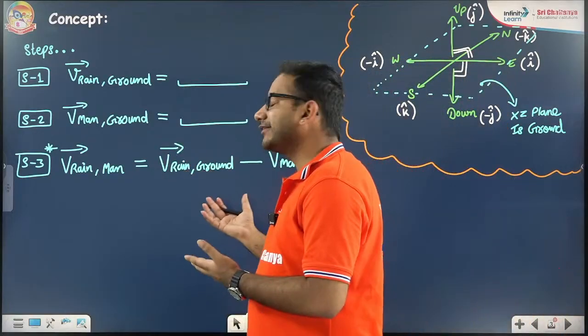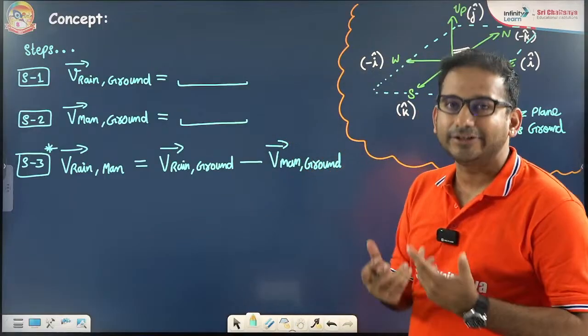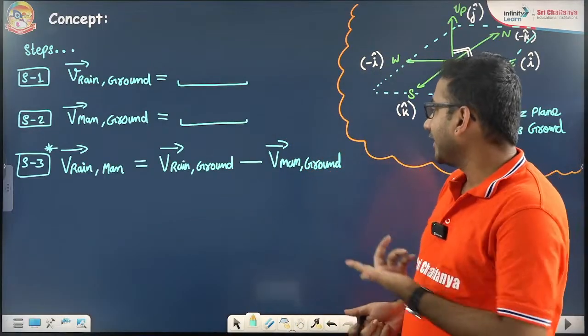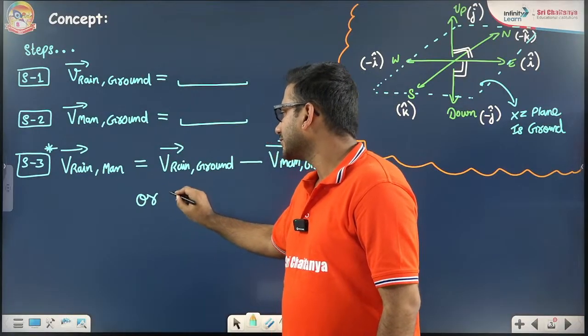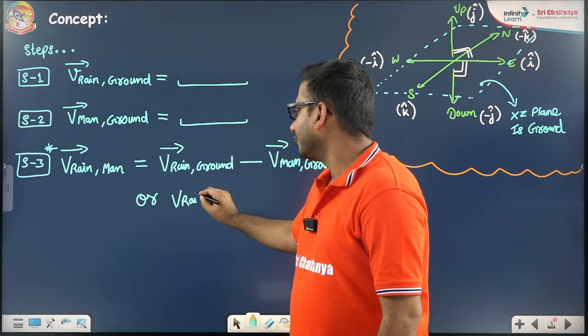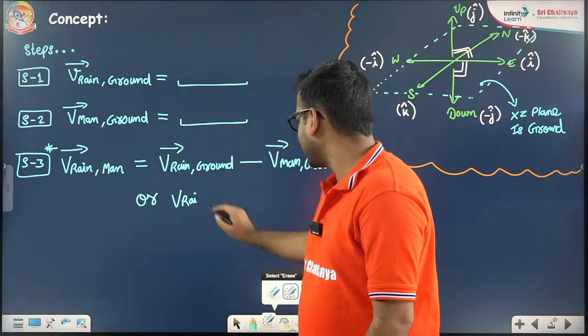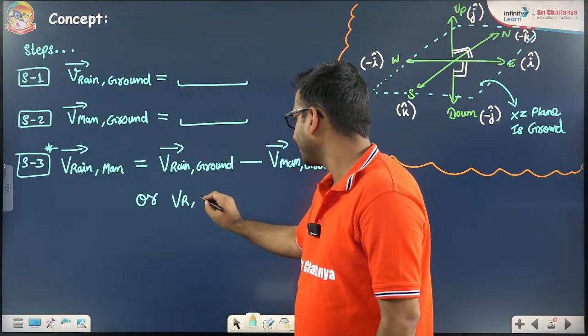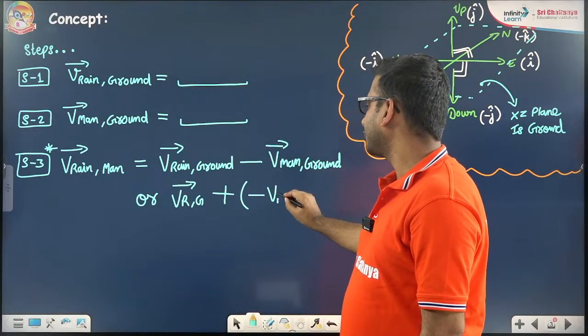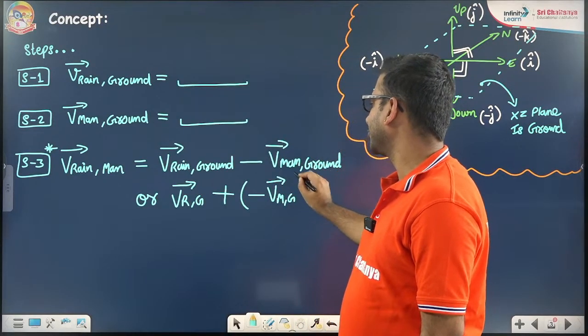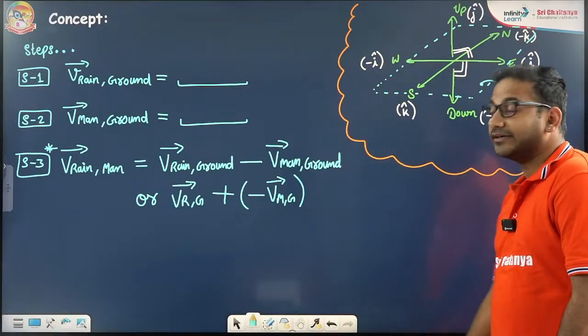Vector subtraction is nothing but negative addition, which means you write the two vectors and add them: velocity of rain with respect to ground plus minus of velocity of man with respect to ground. This can also be written like this.